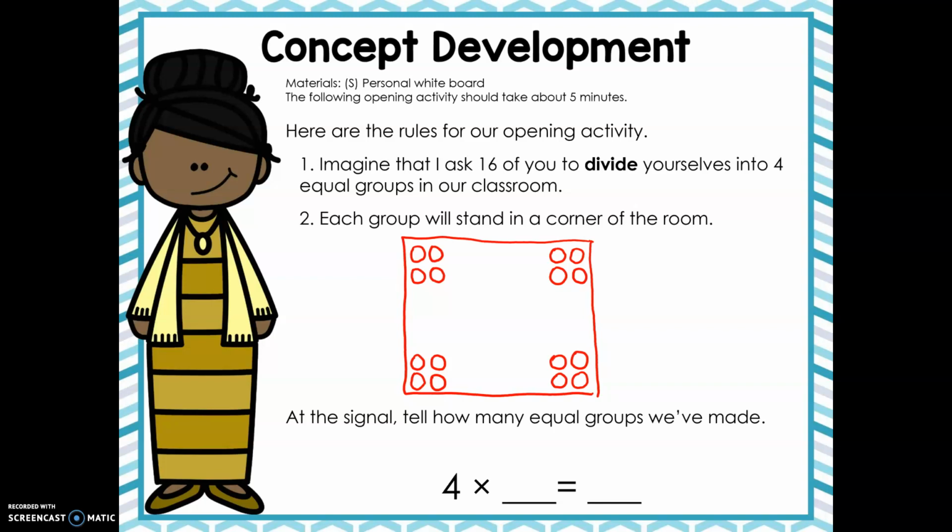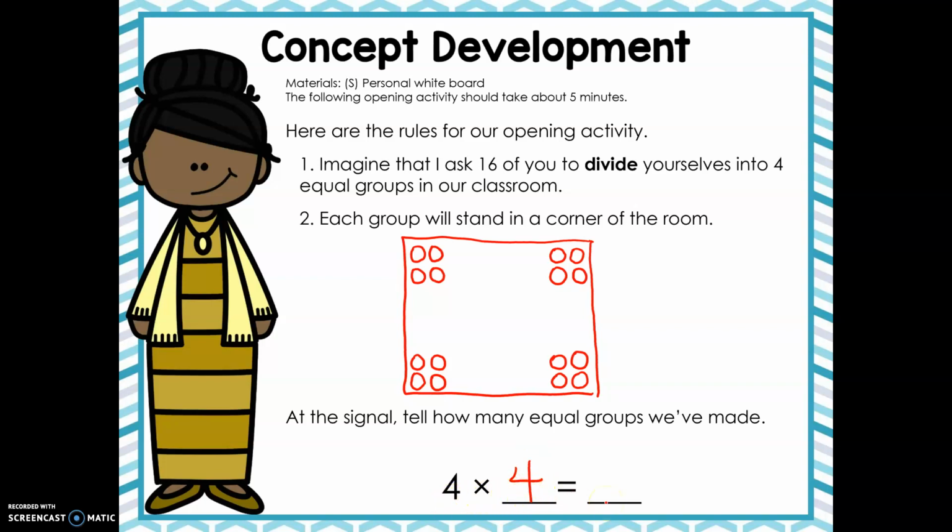There's 4 corners in our room, so the number of equal groups we made is 4. So we have 4 equal groups of 4. This represents 4 groups of 4.